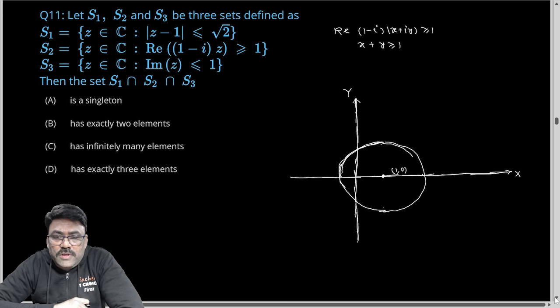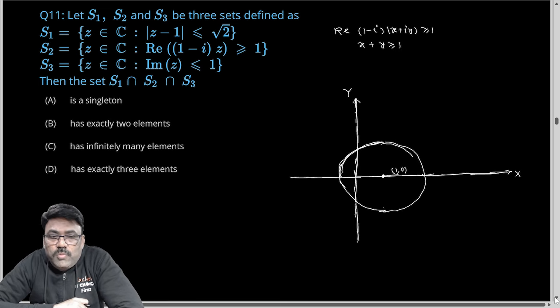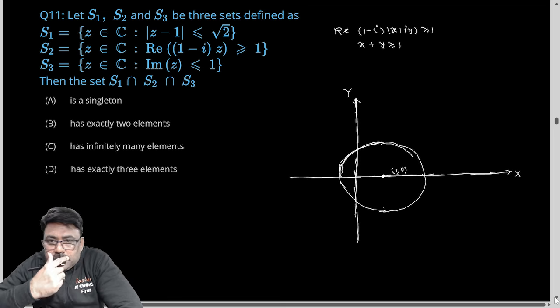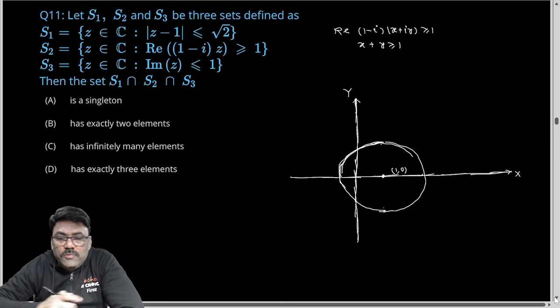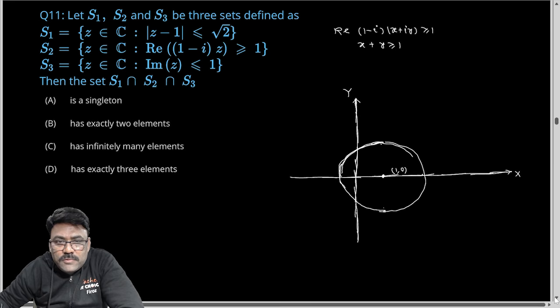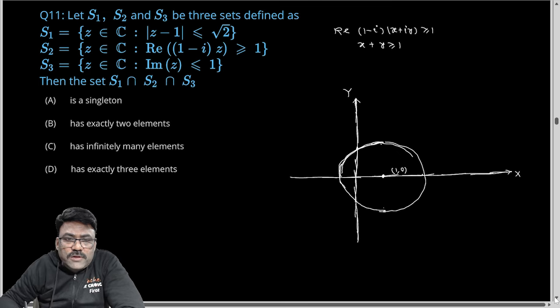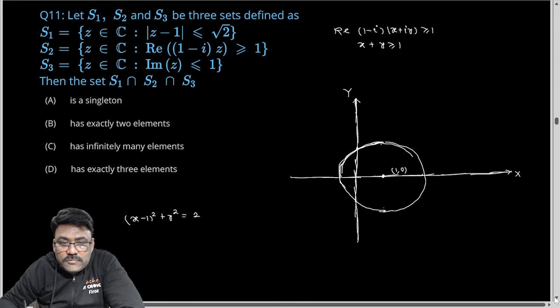Now they are saying that y is less than or equal to 1. Third set says y less than or equal to 1. So y is equal to 1. In fact, what is this point? The mod of z minus 1 is less than or equal to root 2. Actually, this is the circle (x minus 1) whole square plus y square equal to 2, center (1, 0), radius root 2.